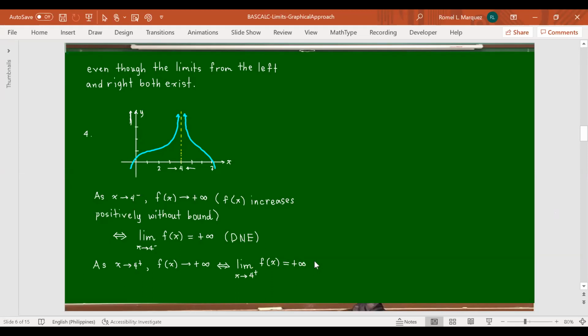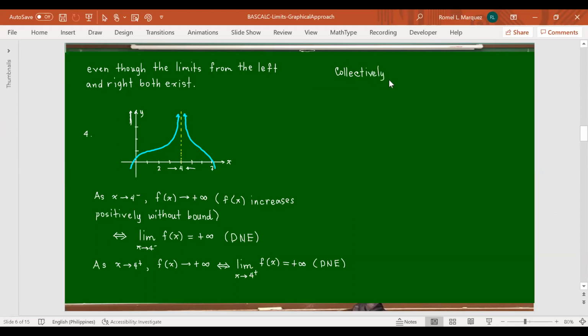Okay? So meaning, again, we interpret the limit still to be a limit that does not exist. Now, can we write using one compact notation these behaviors, guys? Can we write that using one compact notation? Yes po. So collectively, although the limit does not exist in totality, we can write that collectively as what?